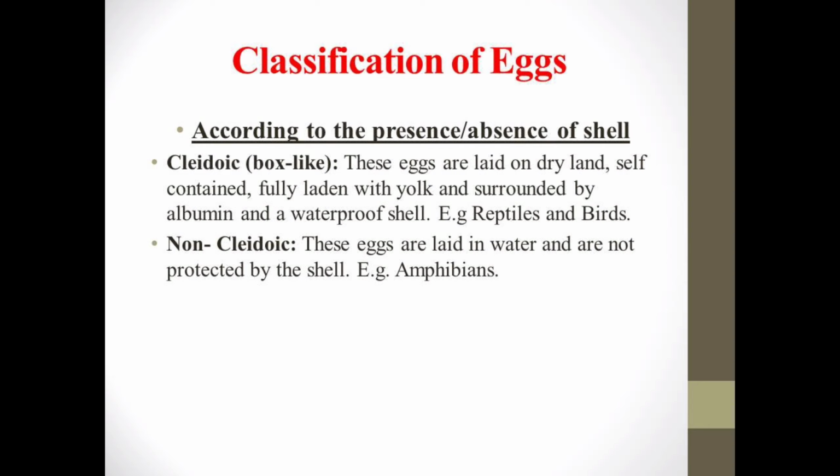The next type of the egg is the non-cleidoic egg, which is just opposite to the cleidoic one, as it will be laid in water and not protected by the help of shell. For example, you can note down the amphibians.